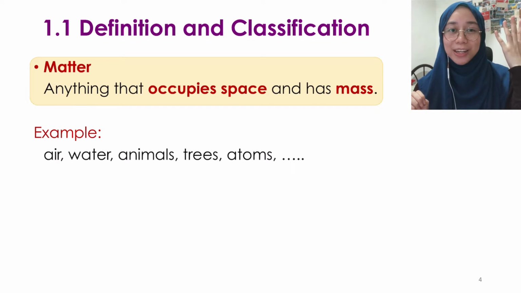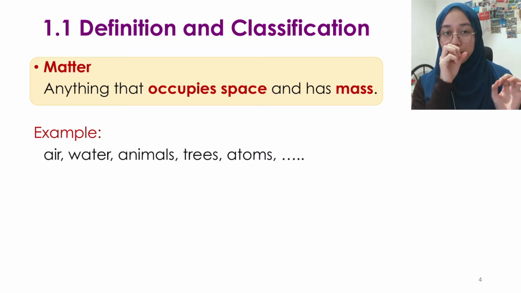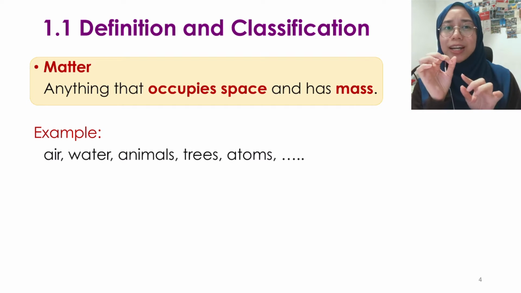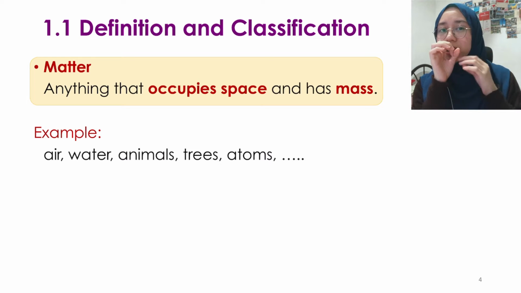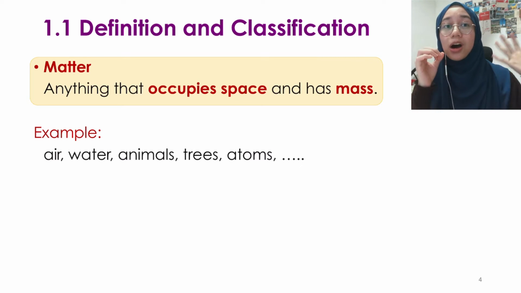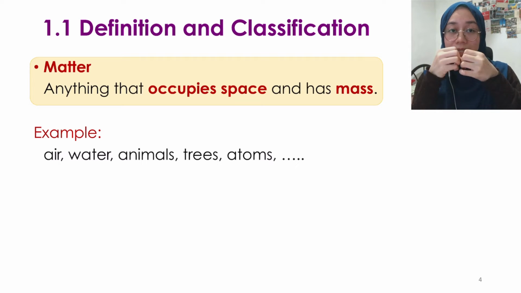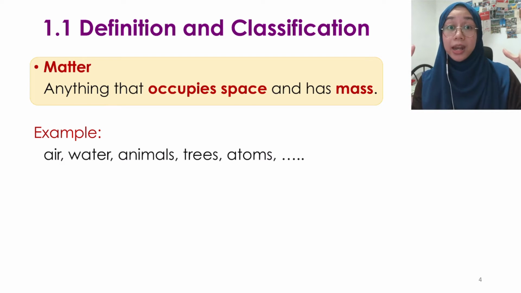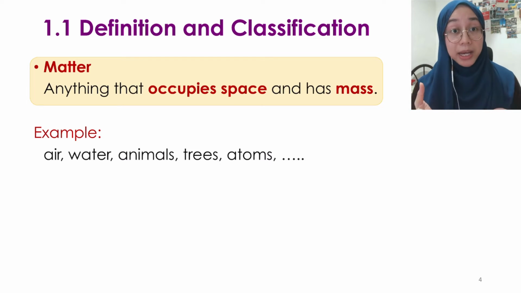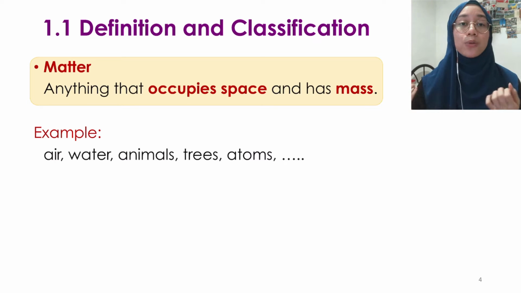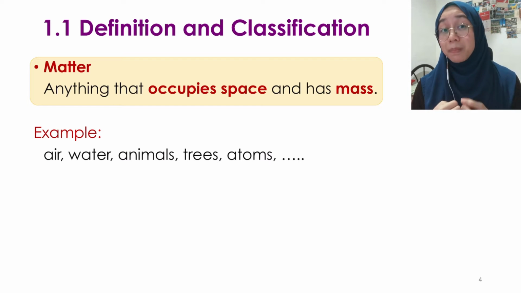We can use a balloon as an example. When you blow up a balloon and fill it with air coming from your lungs, you can see that the balloon expands. Therefore, it proves that air occupies space. And how exactly do we prove that it has mass?